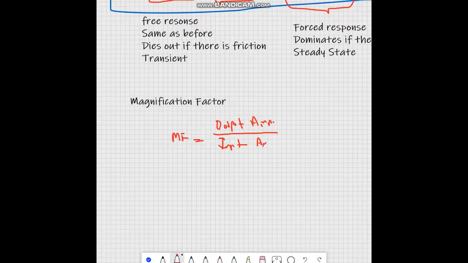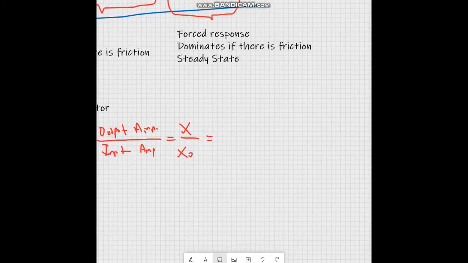As we know from the previous lecture, the amplitude is the height, so it's going to be x over x0, which is formulated as 1 over 1 minus the initial frequency over the natural frequency, squared.